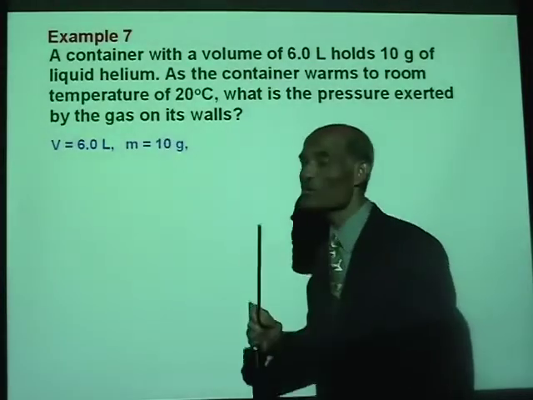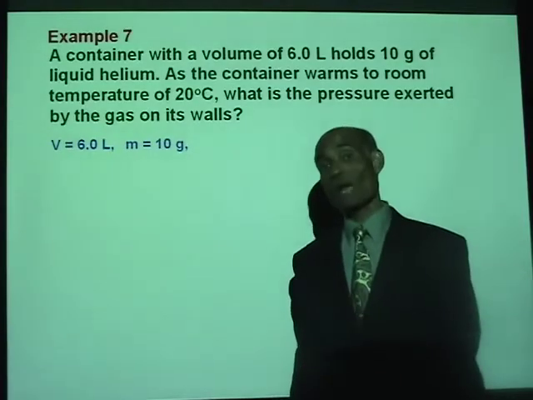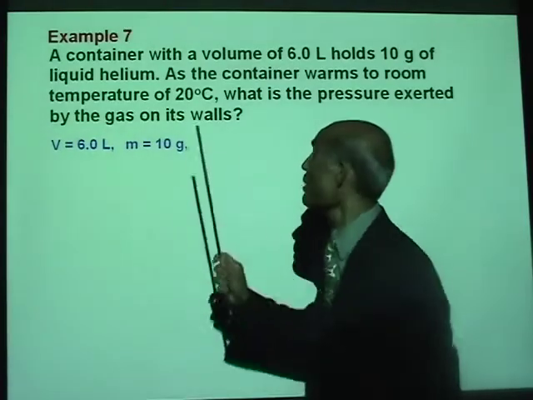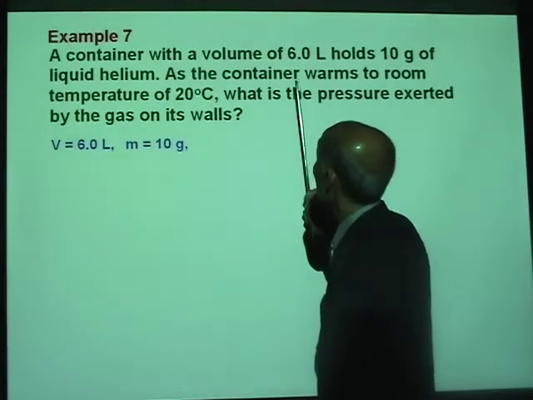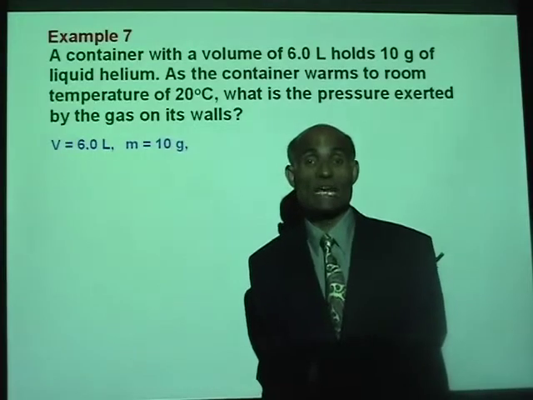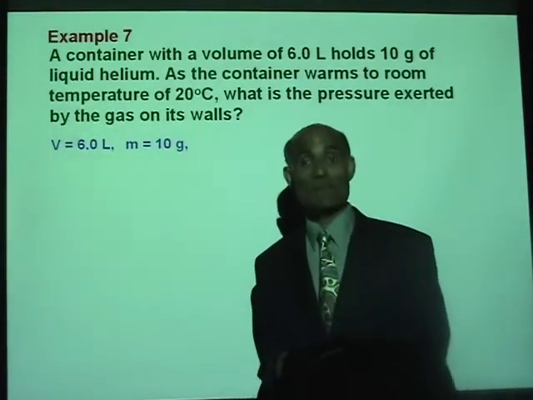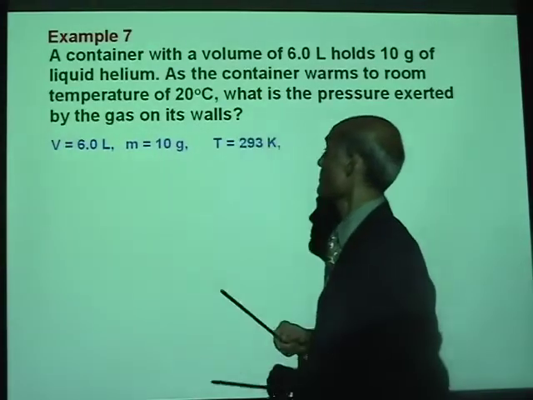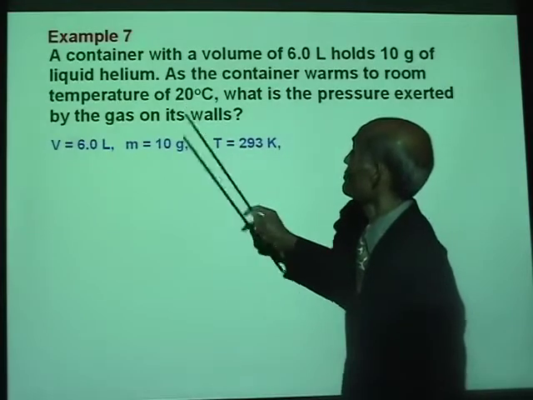Mass is 10 grams. Now, where do we use the mass? Well, since we know the molar mass of helium, anybody tell me what is the molar mass of helium? If you know the molar mass of helium, we can find the number of moles in 10 grams. That's what we're going to do. The temperature is 293 Kelvin. That's the room temperature.